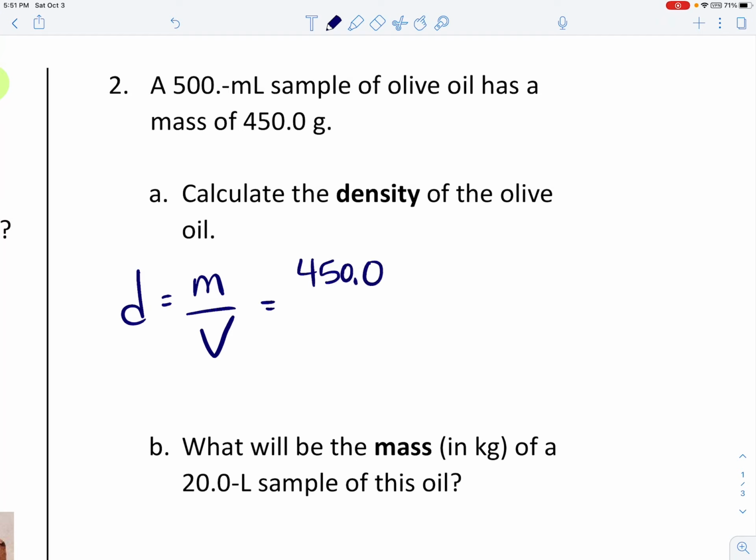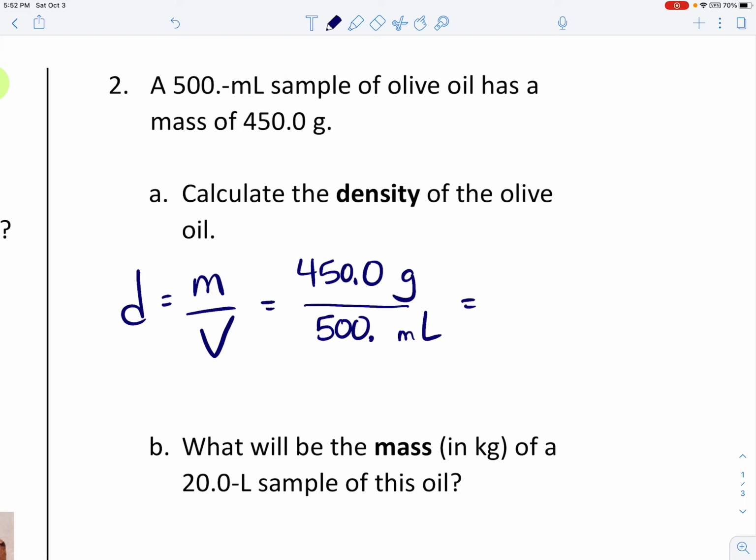So the mass was 450.0 grams, 4 significant digits, divided by the volume, 500 with a decimal, so that has 3 significant digits, milliliters. Typically, the units for density will be grams per milliliter like this, or grams per cubic centimeter like we saw earlier, but in reality, the units could be any unit for mass per any unit for volume.